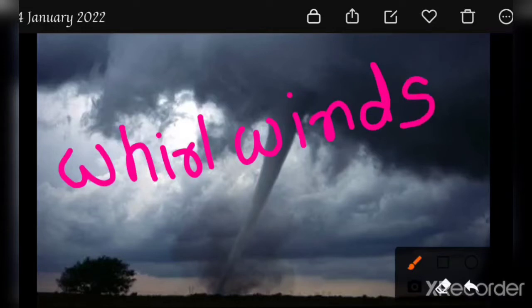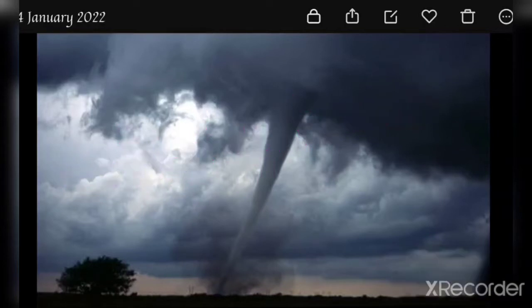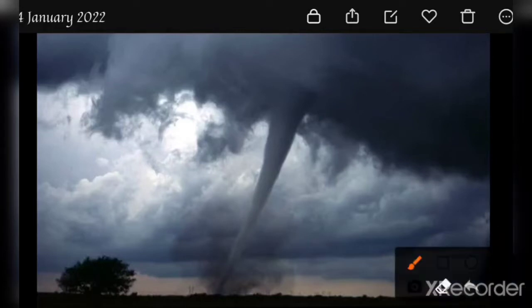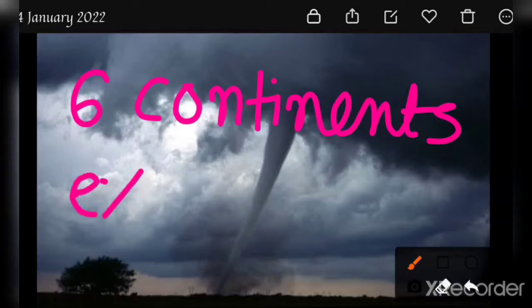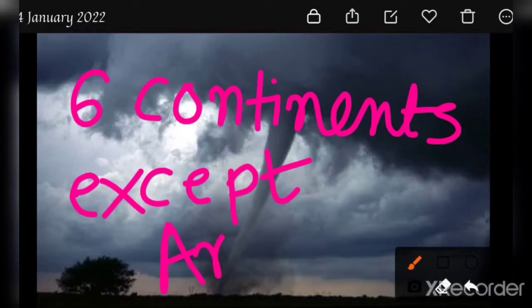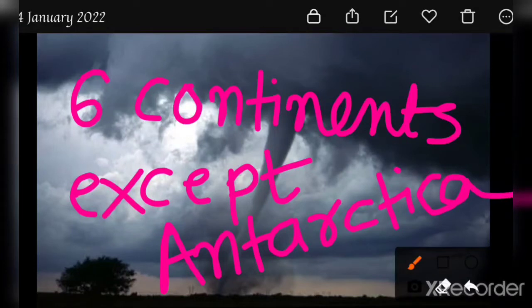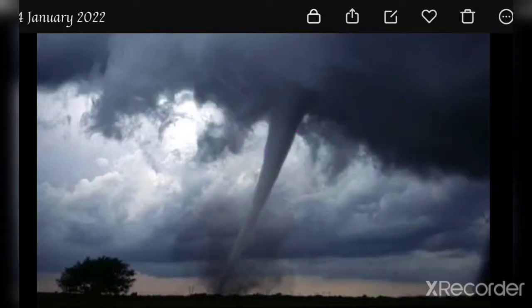Now let's understand that usually tornadoes form in 6 different continents. Total 7 continents are there, but except Antarctica, all 6 continents can face tornadoes.